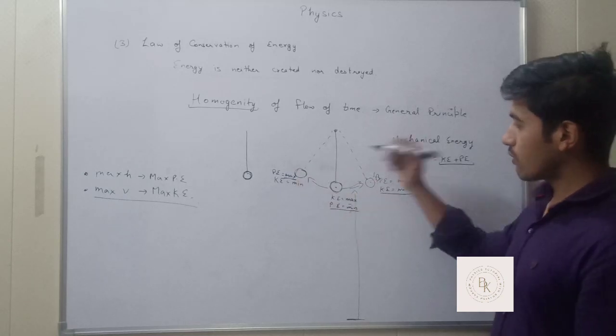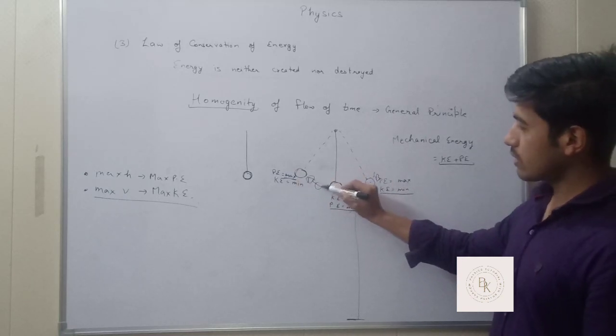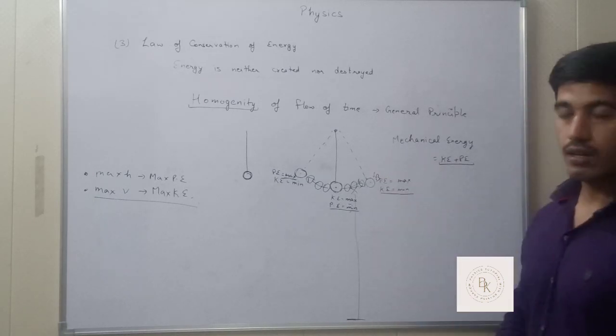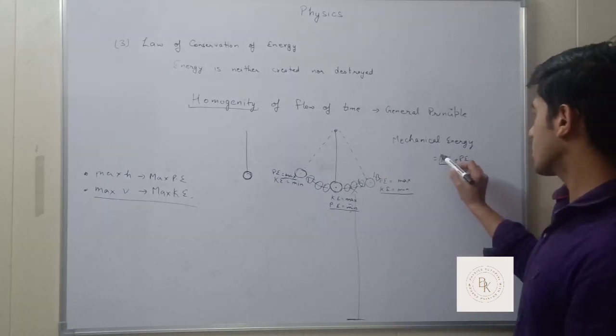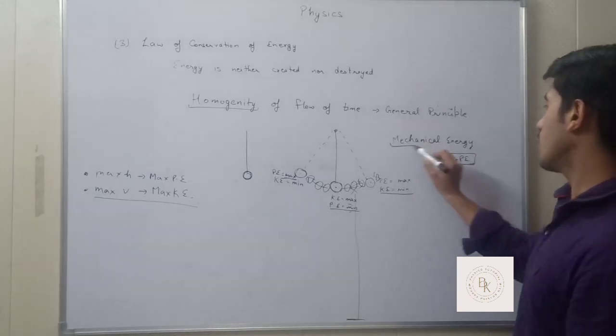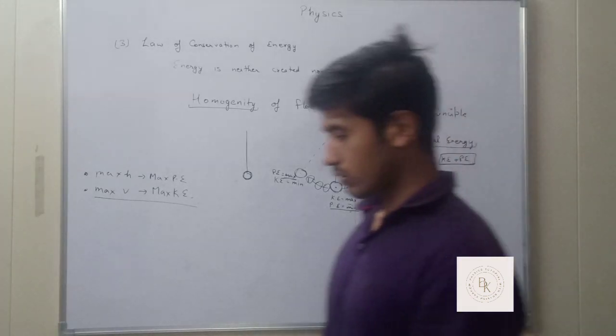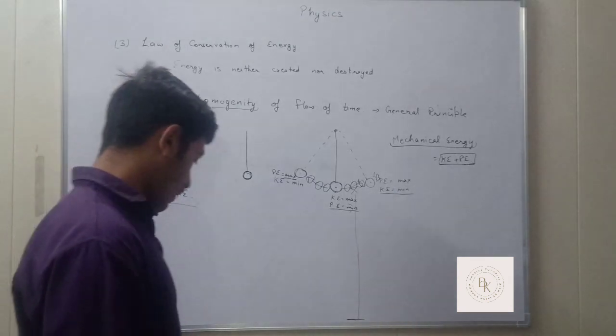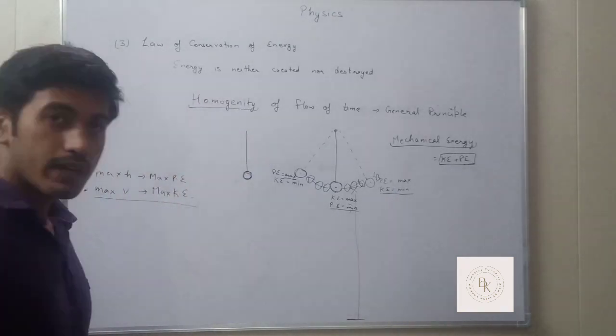Wherever it is, the sum of potential energy and kinetic energy is conserved, which is called the mechanical energy. So write it down, and we shall proceed to the next part of today's lecture.